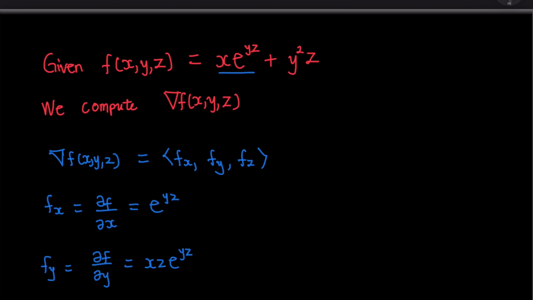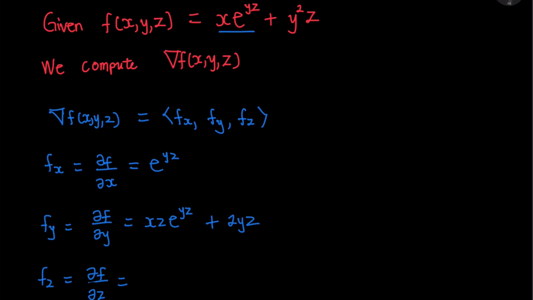Here when we differentiate yz with respect to y, we have z. Then we multiply by x. That's why we have xz, then plus 2yz. Now we compute the partial of f with respect to z. That's going to give us xy e^(yz) plus y squared.